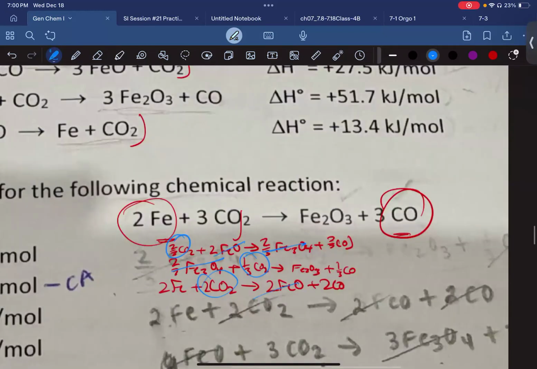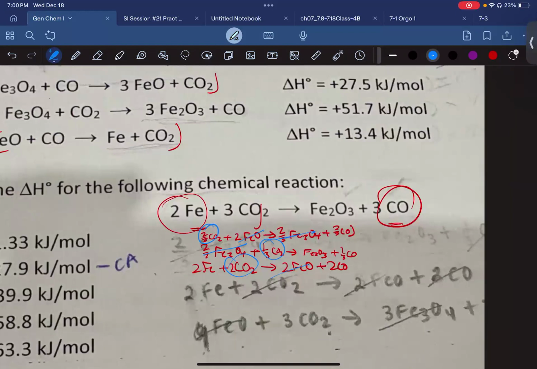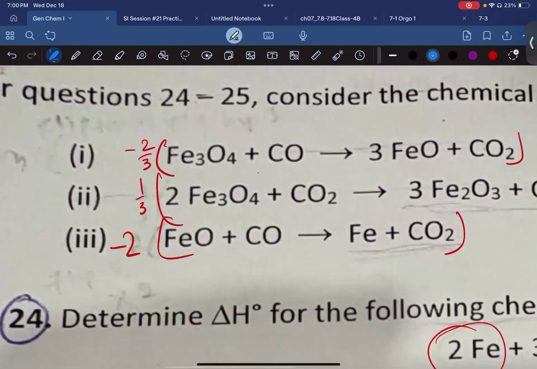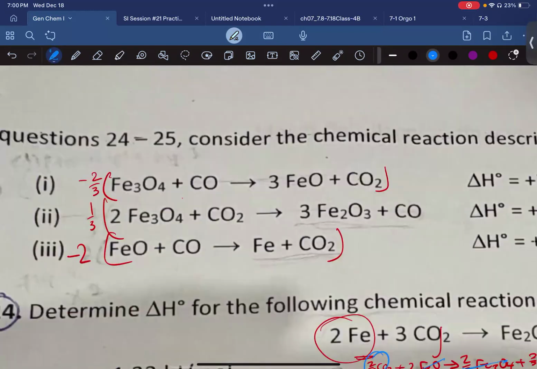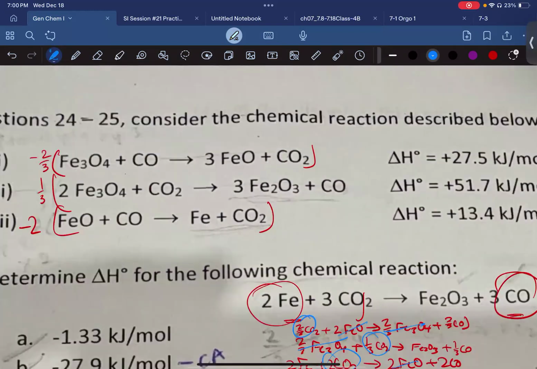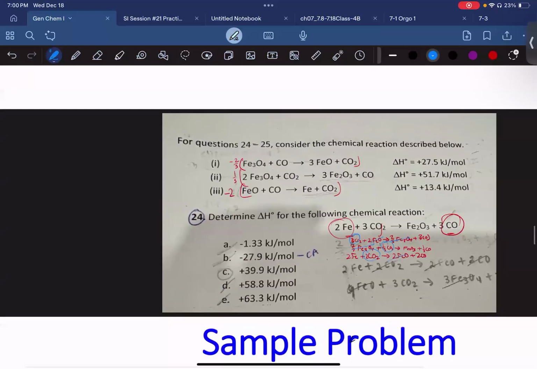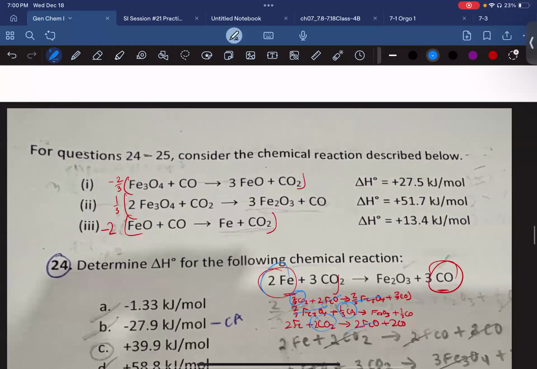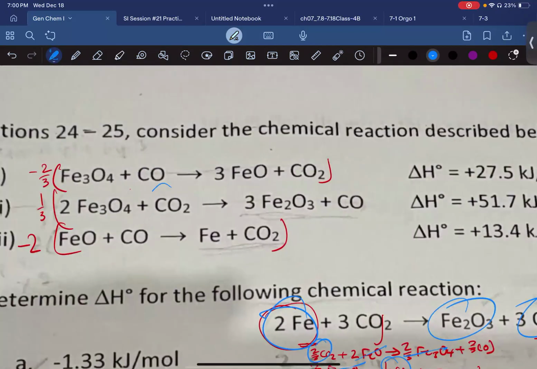Part of the reason why I did this fast is that I already did this before in a different SI session, so I can recognize it. I didn't remember exactly how to do it, but the thought process is how I solved it earlier. What I would say is: focus on what you can definitely isolate, and then focus on what you can definitely cancel out, and everything should fall into place, because all these CO2s and carbon monoxides are going to confuse you.